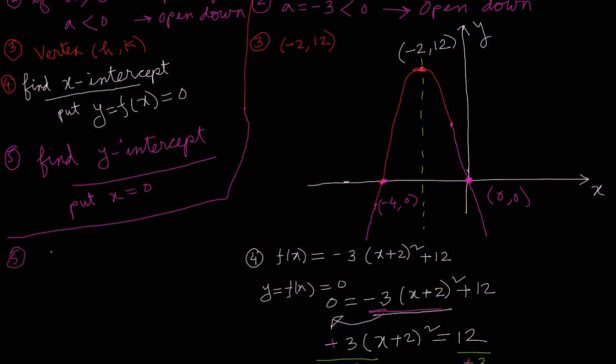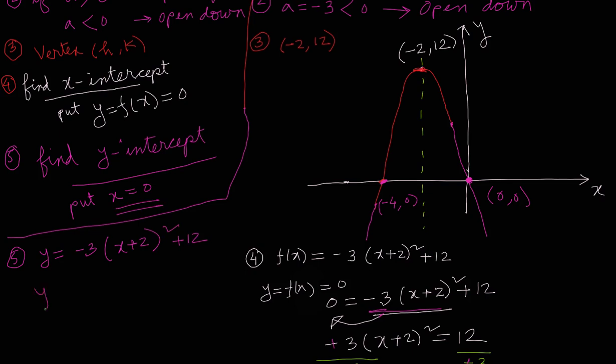So I have y equals function of x, which is -3(x plus 2) square plus 12. Now I want to put x equal to 0 for my y-intercept.